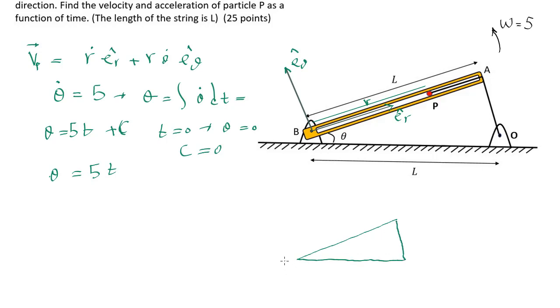This is B, this is A, and this is O, and I want to find this R. The trick of this question is that the length of the string is L. So if this is equal to R, this is equal to L minus R. Because this whole thing is L, that part is L minus R. And because the length of the string itself is also L, this part is going to be L minus R, and that's going to be R. So basically, this R is equal to from point B to point P.